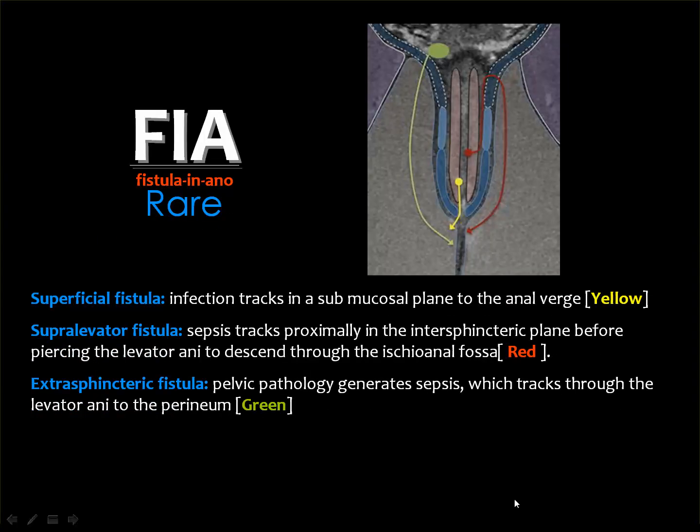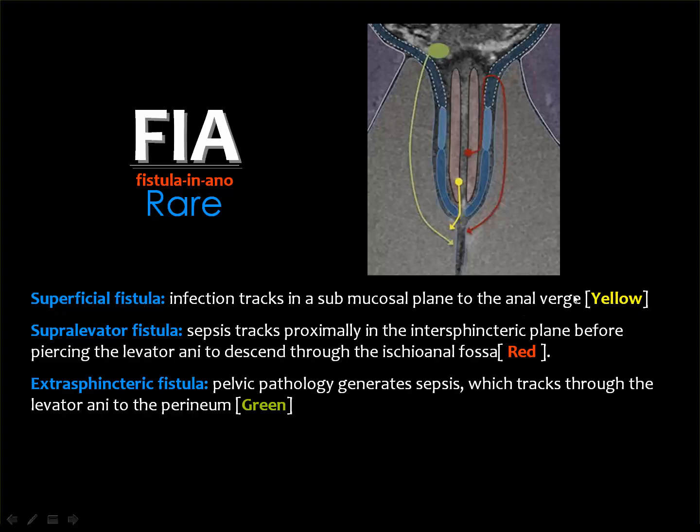Then the rare types are, number one, the superficial fistula, which usually is just an anal fissure, and if it is complicated by a tract and this tract gets its way to the outside, it is known as a superficial or submucosal fistula.